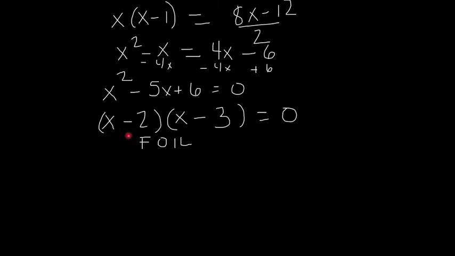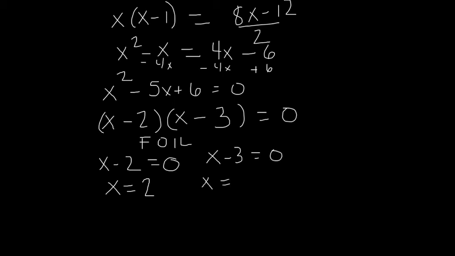It says that if you have two factors, x minus 2 and x minus 3, and the product is 0, then one of those factors has to be 0. So if the first one was 0, you'd have 2 for an answer. And if the second one is 0, you'd have 3 for an answer.